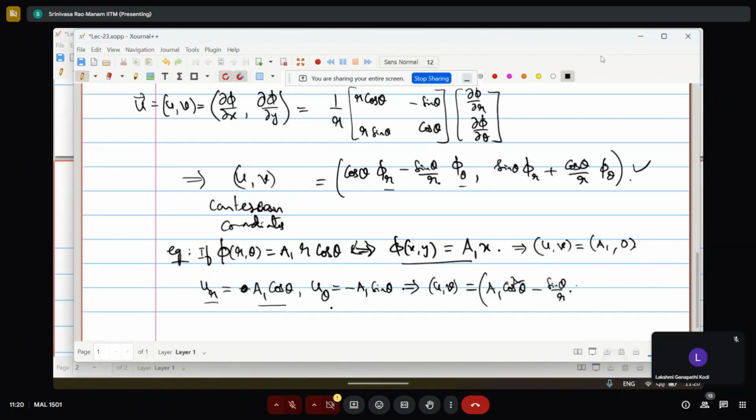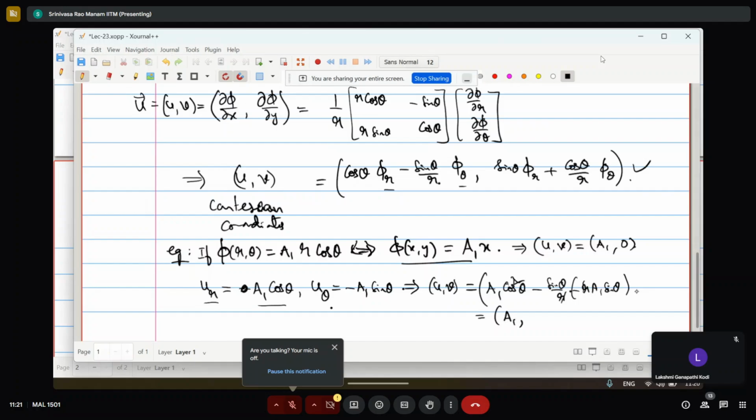So phi theta is minus r A1 sin theta, because 1 by r dou phi by dou theta is actually your minus A1 cos theta. So that r you bring to this side. This r gets cancelled. So you actually get plus sin square theta plus cos square theta equal to 1. So you actually have A1. So simply A1.